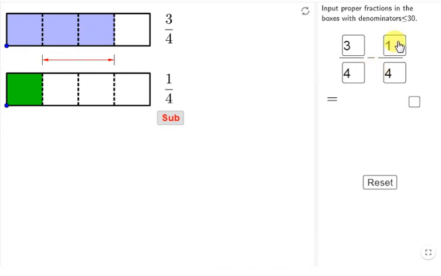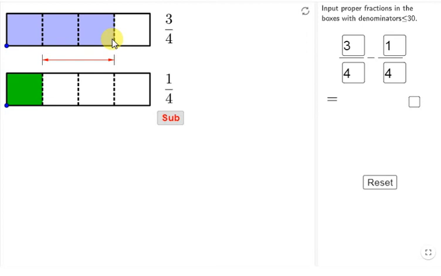Similarly, 1/4 means we have divided the whole into 4 equal parts and shaded only one of them.